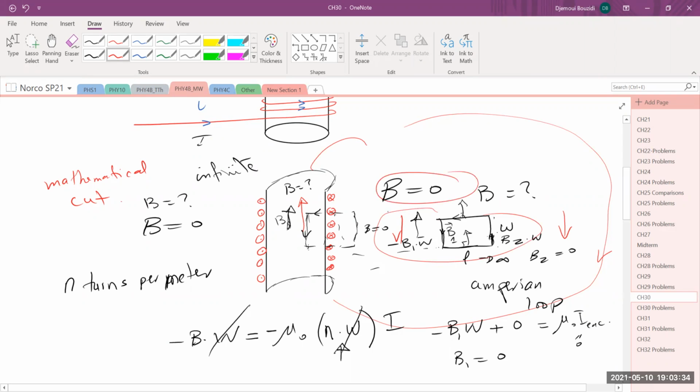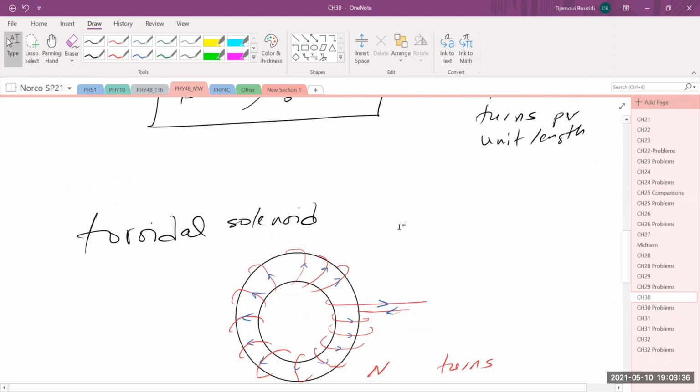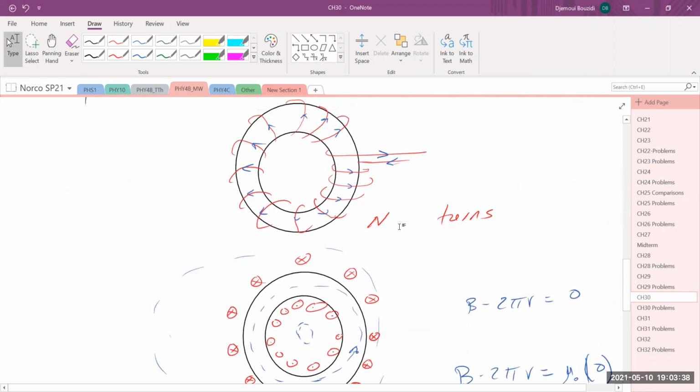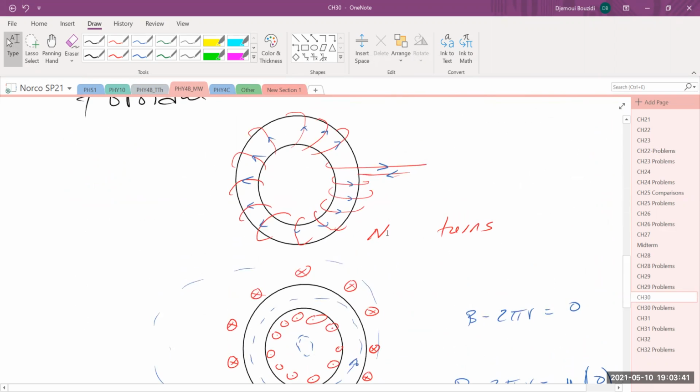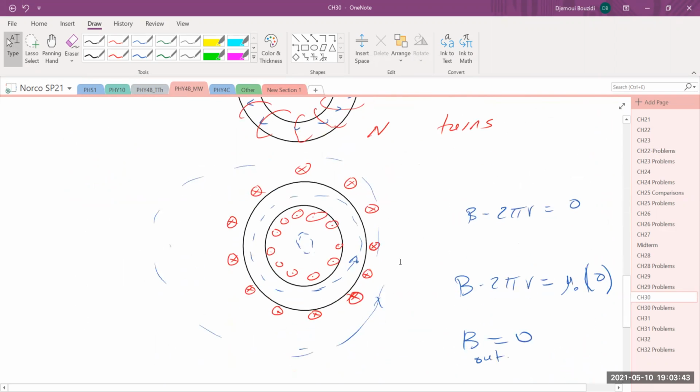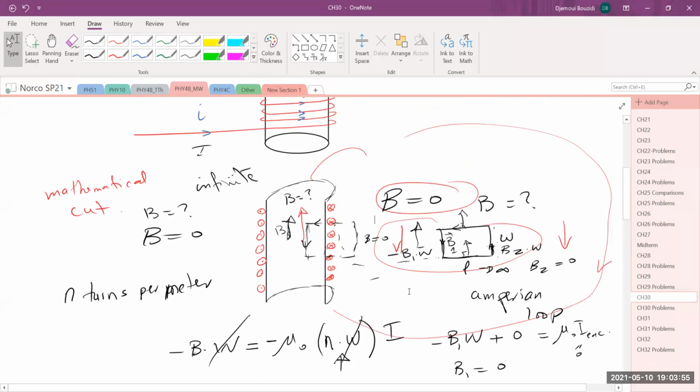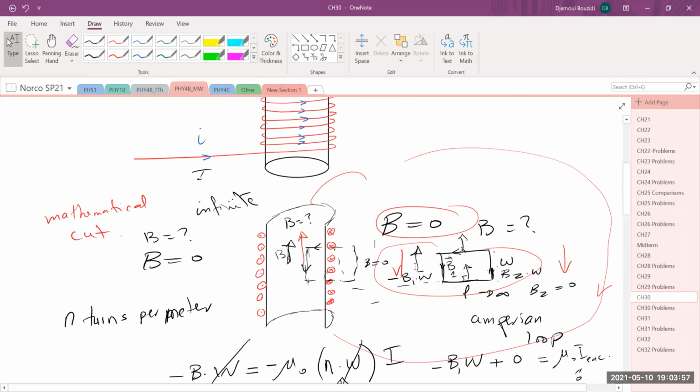This is not a problem for the toroid because of the fact that the magnetic field outside is zero because of the fact the currents in and the currents out are canceling one another, and the magnetic field inside has this circulation, which is correct, okay? There was only a sign issue in here when after I did it, I remember that that was wrong.